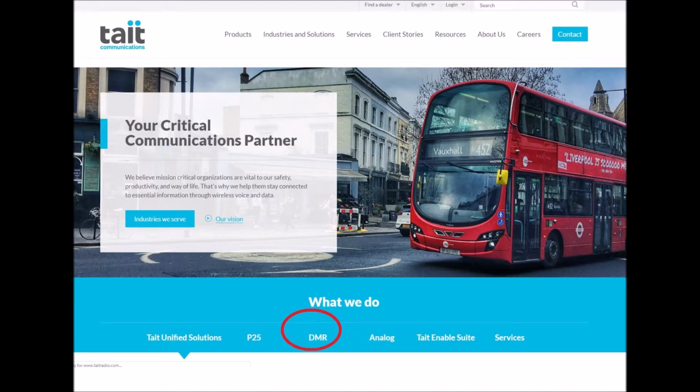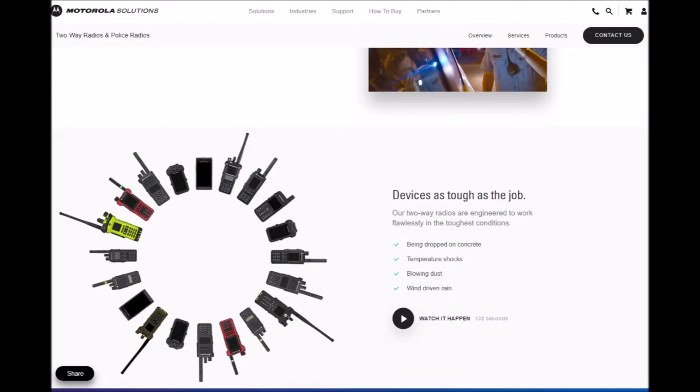Next definition, Motorola Incorporated. Well, I thought this was pretty important as it relates to DMR, so I'll include a definition of Motorola. Motorola Incorporated was an American multinational telecommunications company founded on September 25, 1928, based in Schaumburg, Illinois.